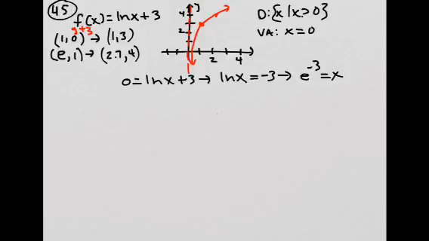You put that into a calculator, and x is approximately equal to 0.05. Okay, now on my graph it's not very accurate, it's right here. It should be closer to the y-axis, but again, it's just freehand, so when you draw it by hand, it doesn't come out exact.